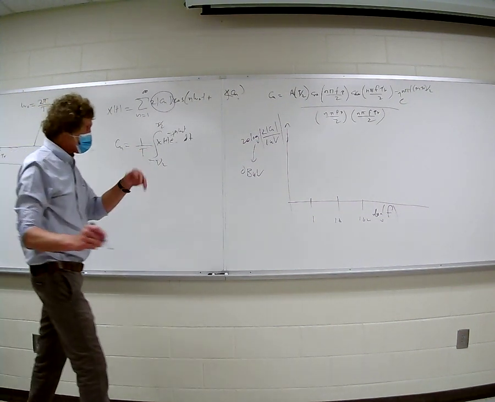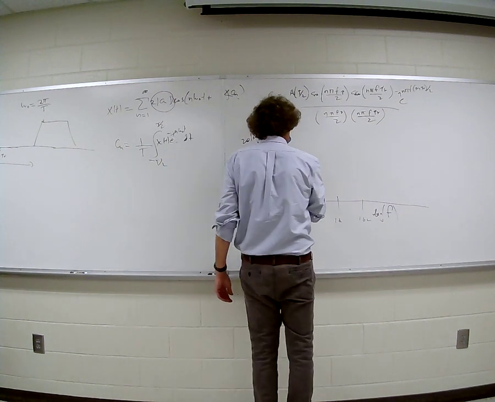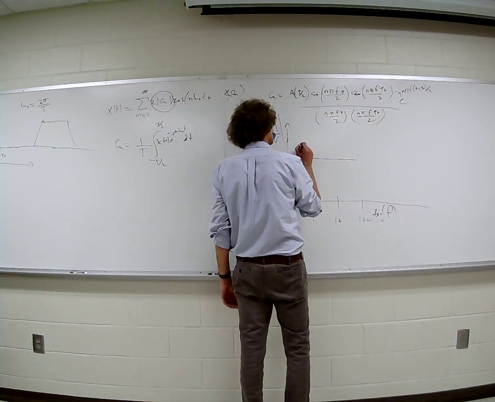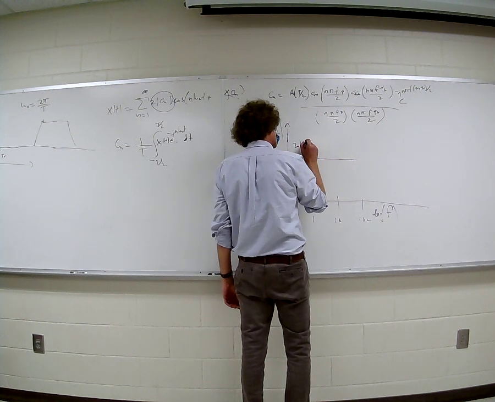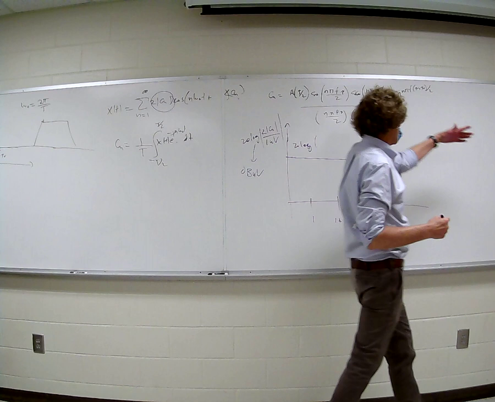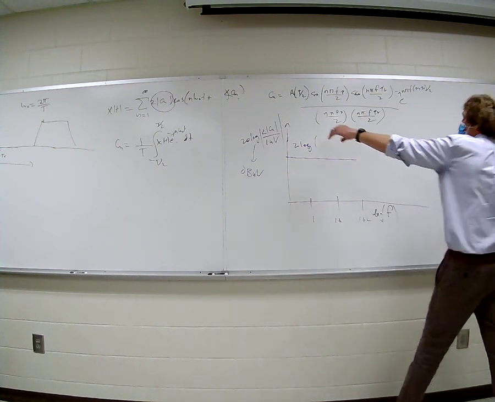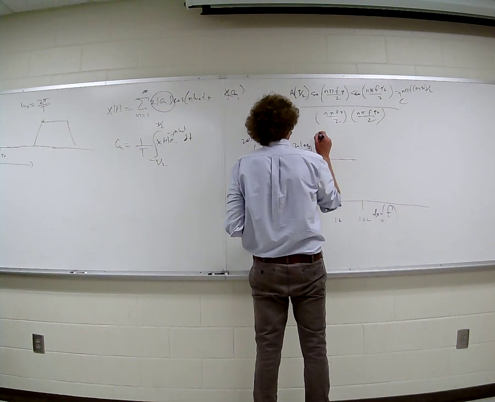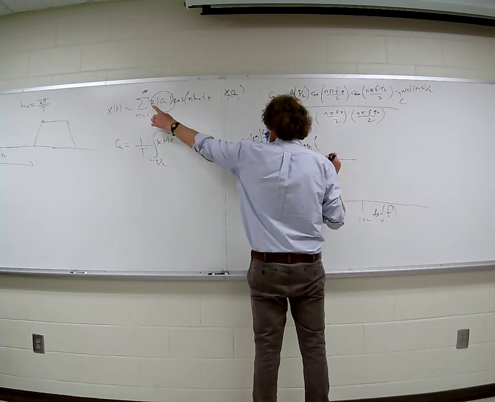Now, here's the way this looks. When you plot this thing, you start out flat. The height of this is going to be simply 20 times the log. If you take these terms and take the magnitude, the first thing is going to be A tau over 2, and there's going to be a 2 there because of this 2 here.